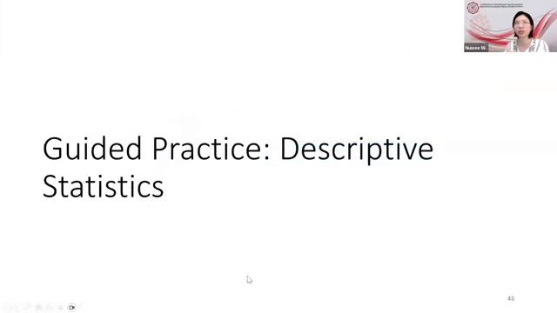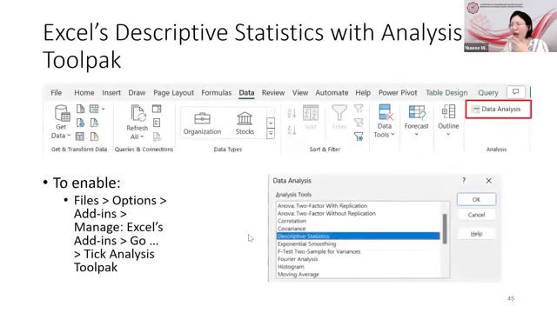So now we will use descriptive statistics to help us get a sense of what we have in our data. Okay, we will use the descriptive statistics in the Analysis ToolPak.